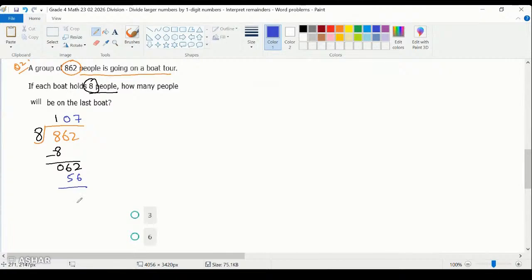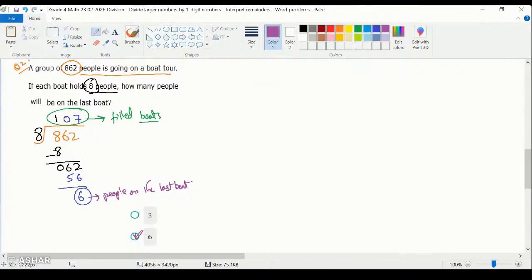Minus this, we are left with 6. So we can say 107 filled boats and 6 people on the last boat.